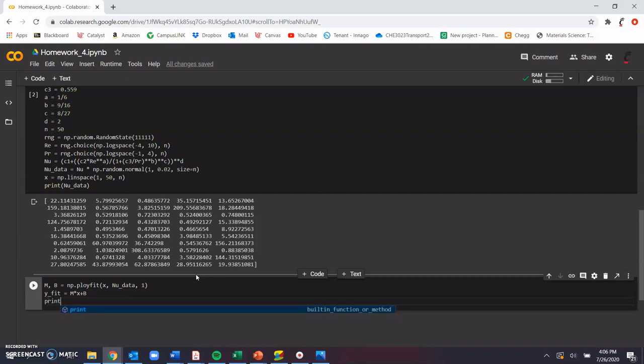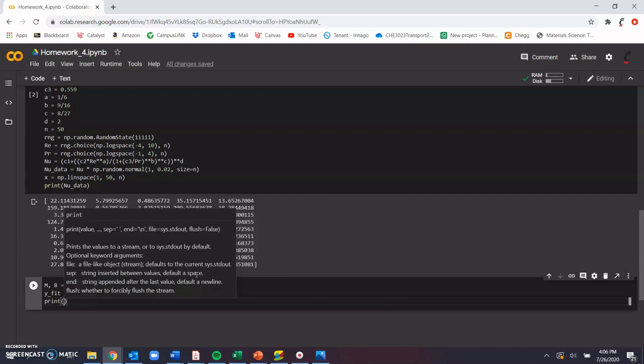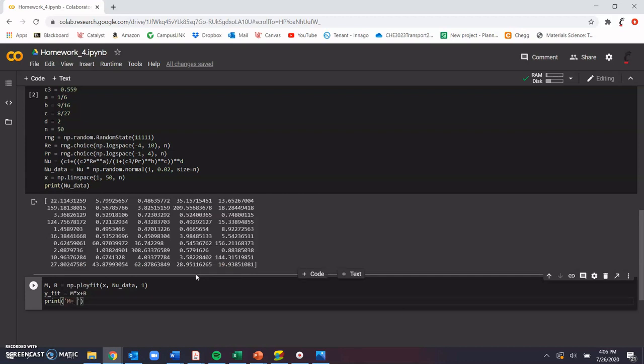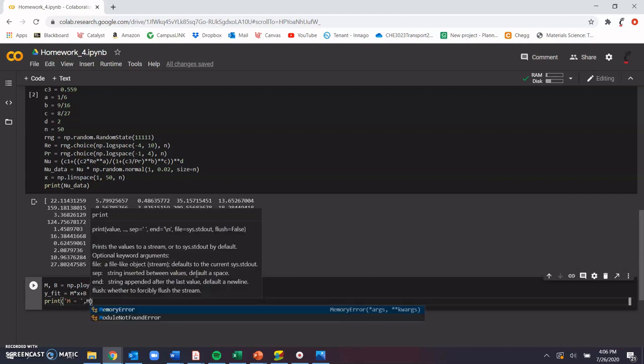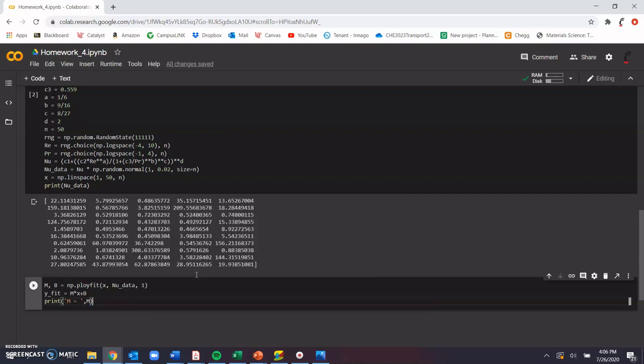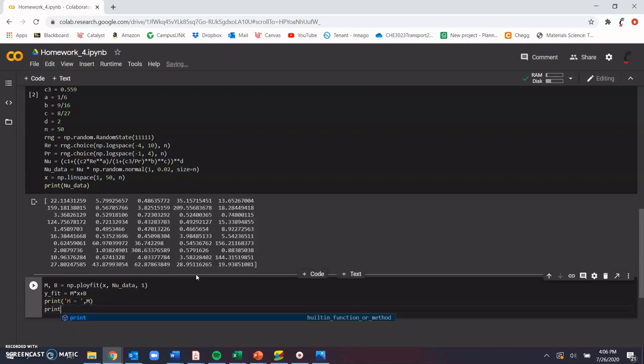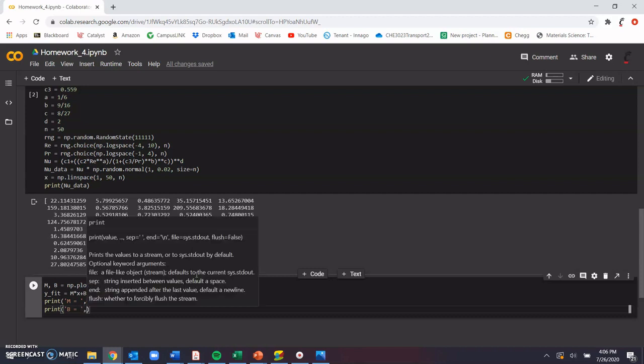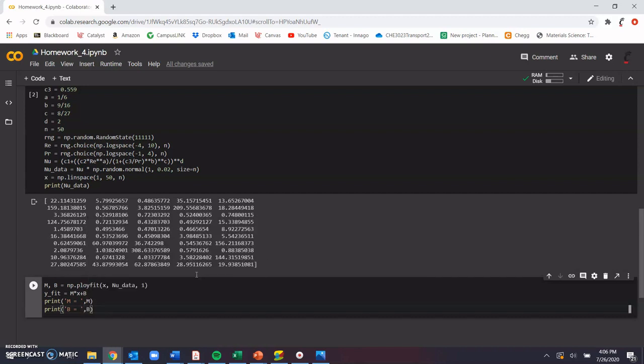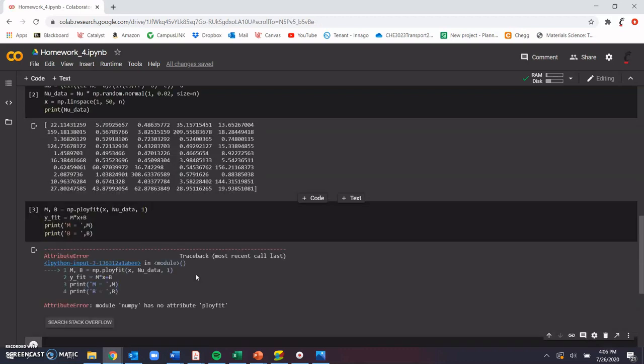And then I'll go ahead and print our value for m and our value for b so that we can see those.